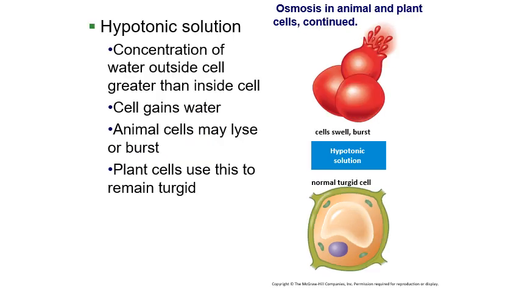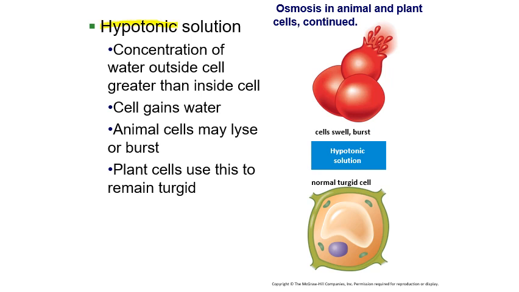All right, if we change that concentration a little bit, so if we have a higher concentration of water on the outside and a lower concentration of solutes on the outside, so that means we have more solutes on the inside of the cell, we refer to that as a hypotonic solution.